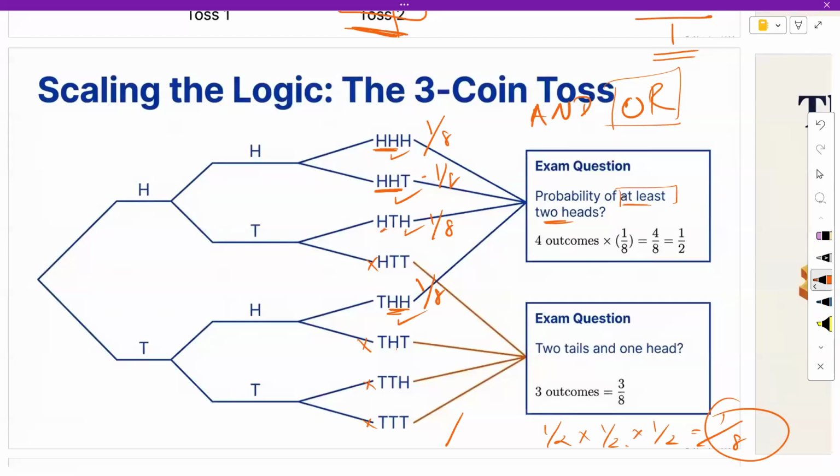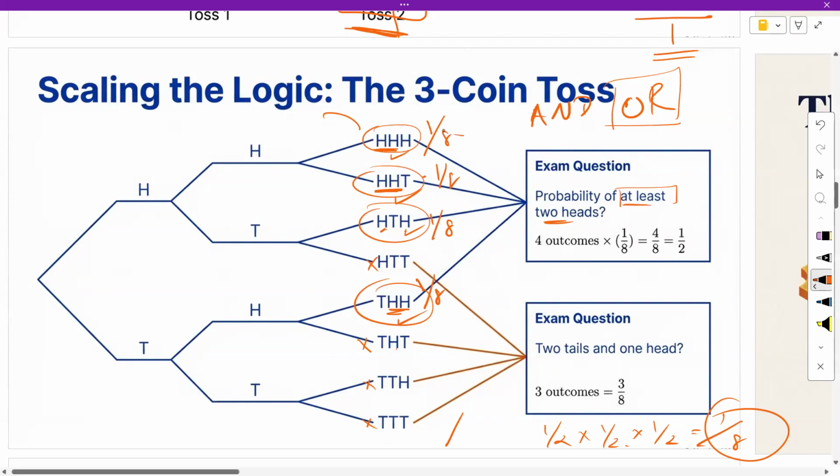Out of 8 outcomes, the possible winning outcomes are these. We win if we get 3 heads, head, head, head, and we win with head, head, tail.